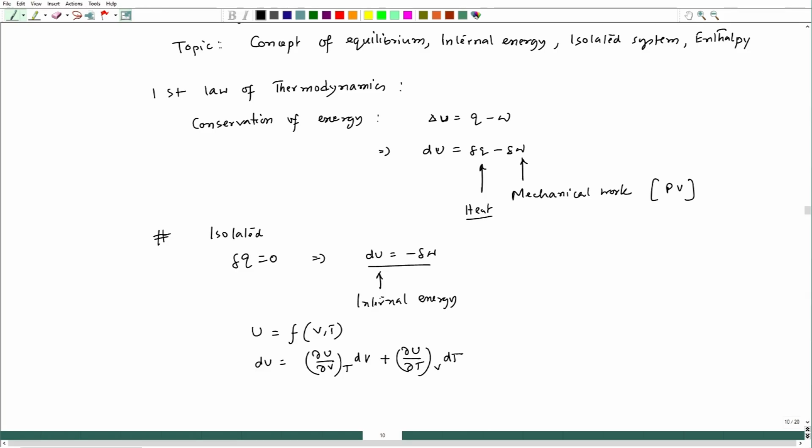This partial form we can write. Now, here if I take this as a constant volume process, then this term goes to 0. So it ends up dT.